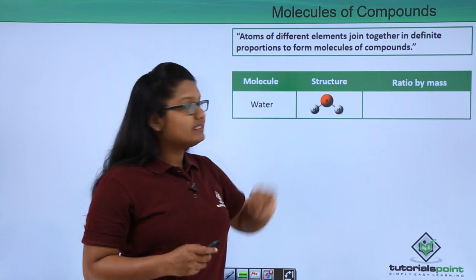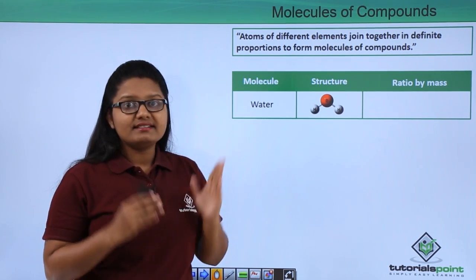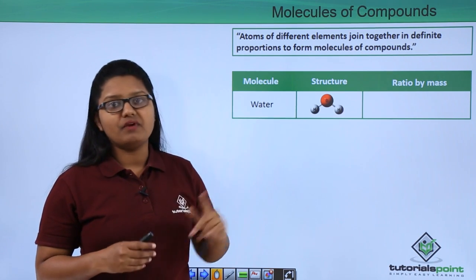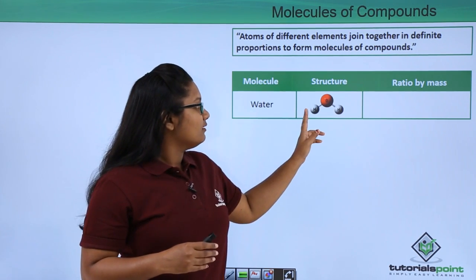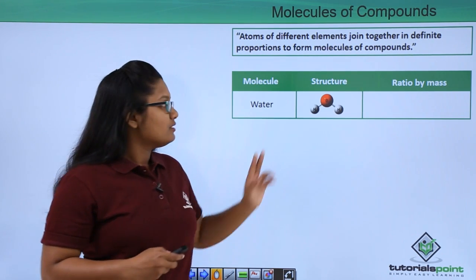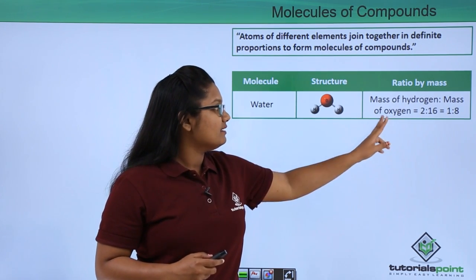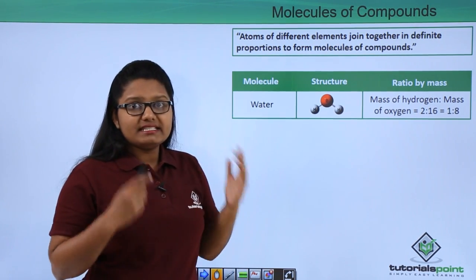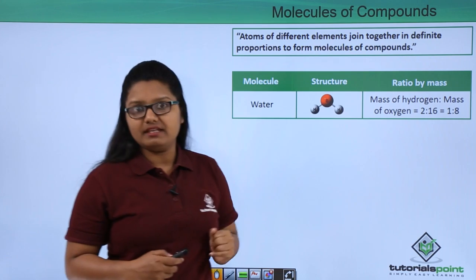So the mass of an oxygen atom is known to us, that is 16u, and the mass of 1 hydrogen atom is 1u, and therefore the 2 hydrogen atoms have a mass of 2u. So the ratio of the masses of hydrogen and oxygen becomes 2:16, which we can simply write as 1:8.